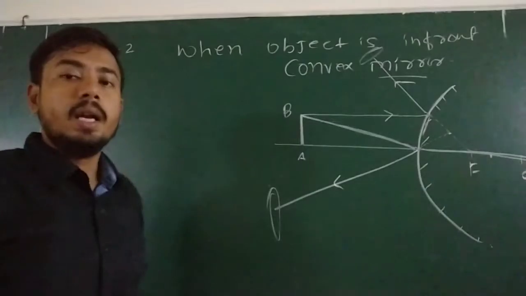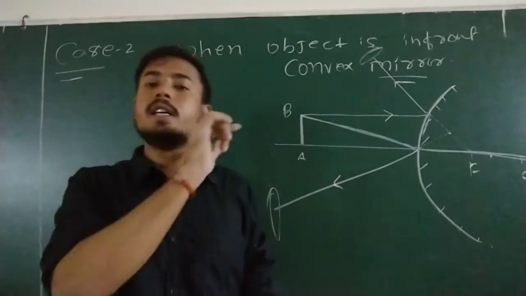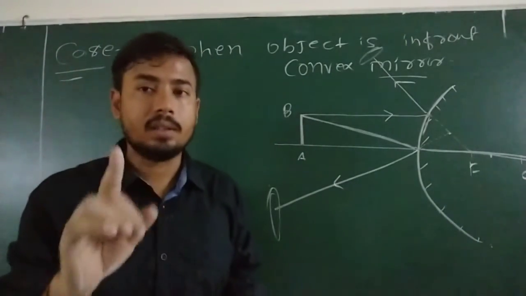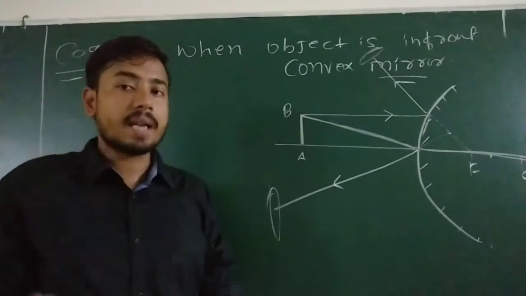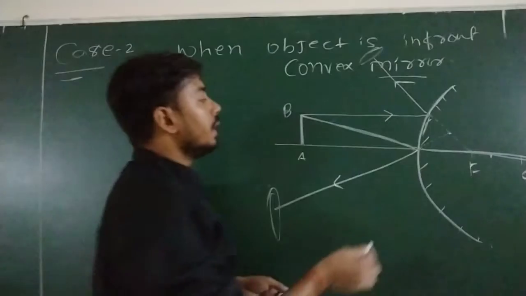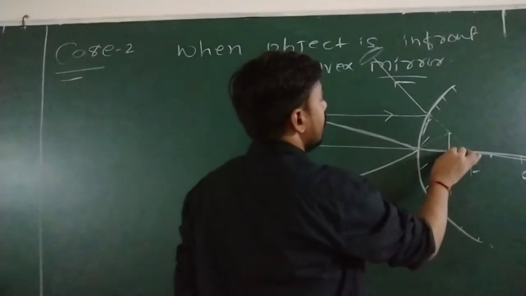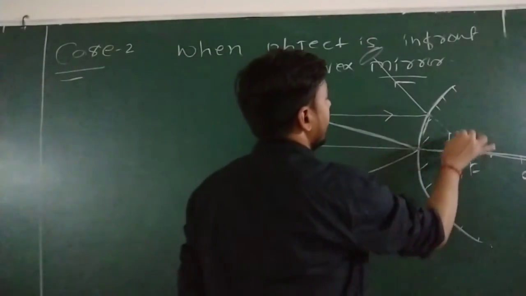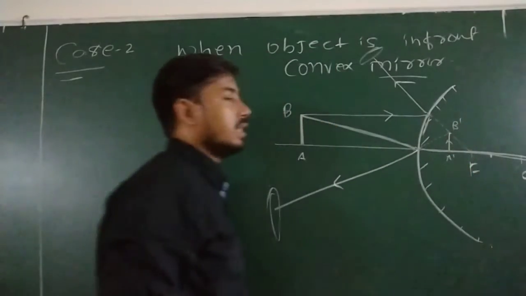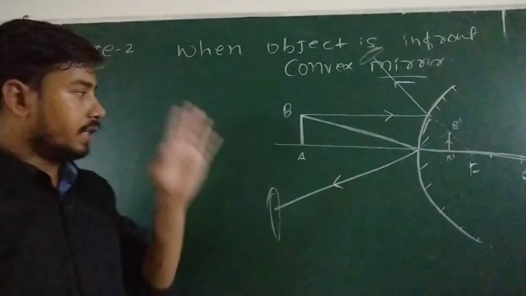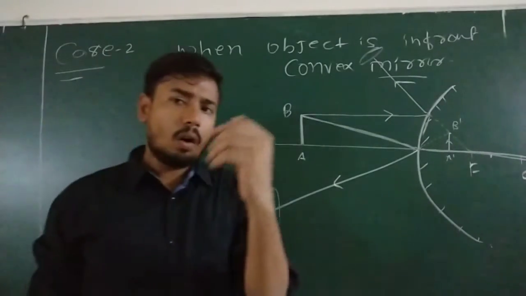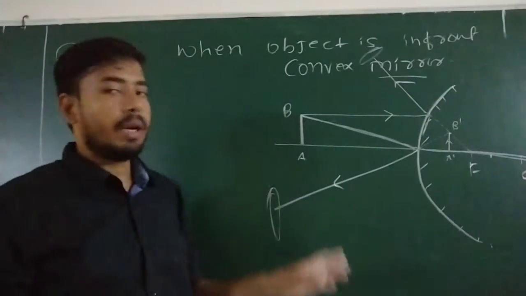So what we can say? Reflected rays never intersect in reality, but they will intersect, or appear to intersect, behind the mirror. It means they will intersect here. So this becomes the image. Suppose that A dash, B dash. Yes or no? Now you can see here. Whatever I am going to write, you can make all the notes.